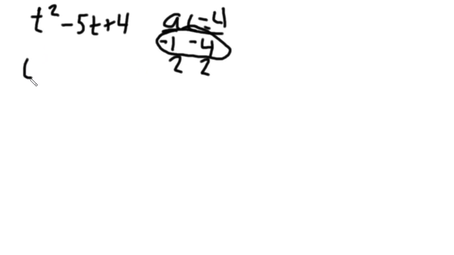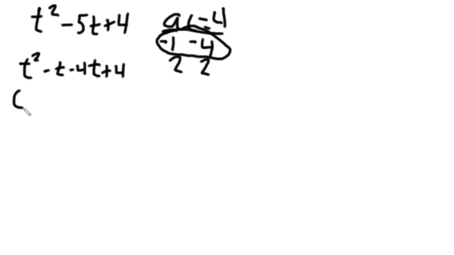So now let's rewrite my trinomial: t squared minus t minus 4t plus 4. Now it's no longer a trinomial because it has 4 terms.